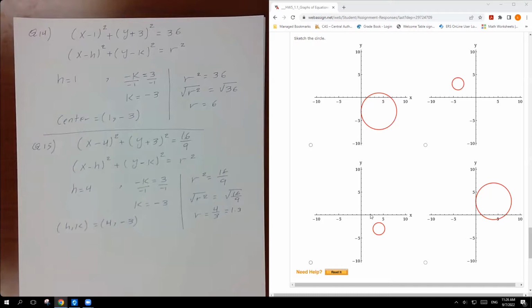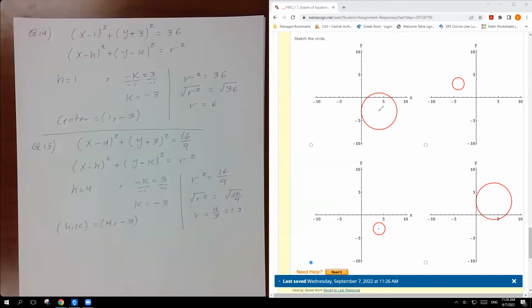If you look at this one, the center is (4, -3), it's going to be here. 1, 2, 3, this is -3. So the distance between this point, 1 here, and here is 0.3. So this is the right choice, because we have to locate the distance. Here is the center for this circle: 1, 2, 3, 4, and -3.